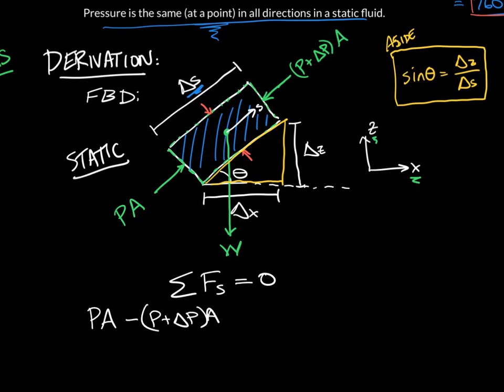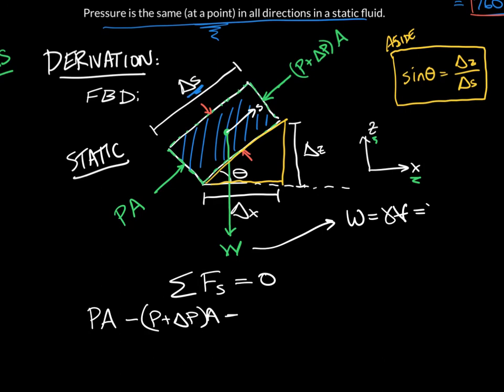Those two forces almost have the same form. And then we have to deal with the weight. Just like last time, weight equals gamma times volume, specific weight times volume.